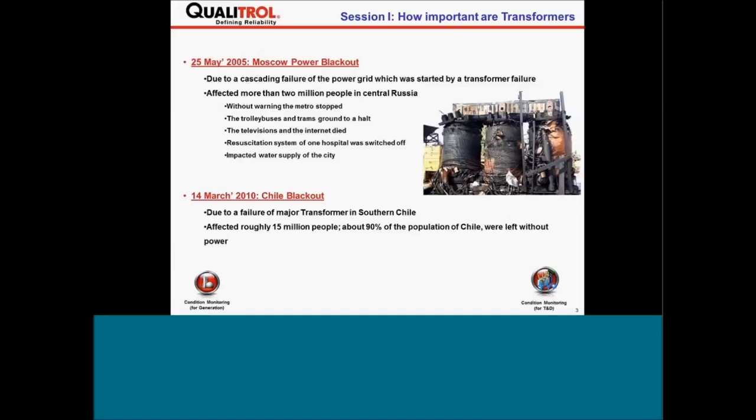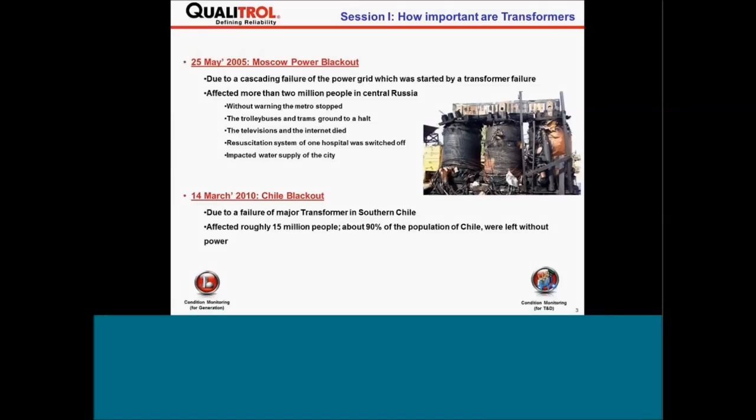The effects clearly were huge. Basically 2 million people affected in central Russia, with the stopping of trolley buses, effects in hospitals, water supply. So one component failure in the network has led to a great deal of disruption.